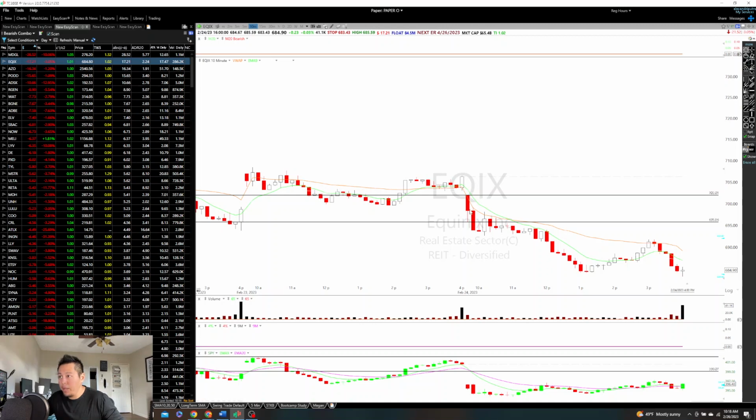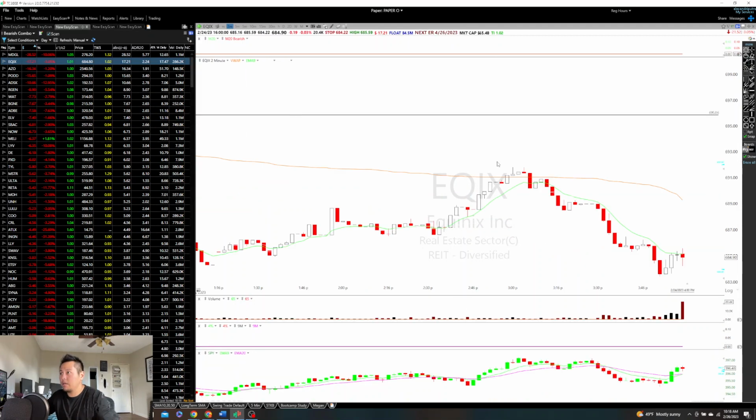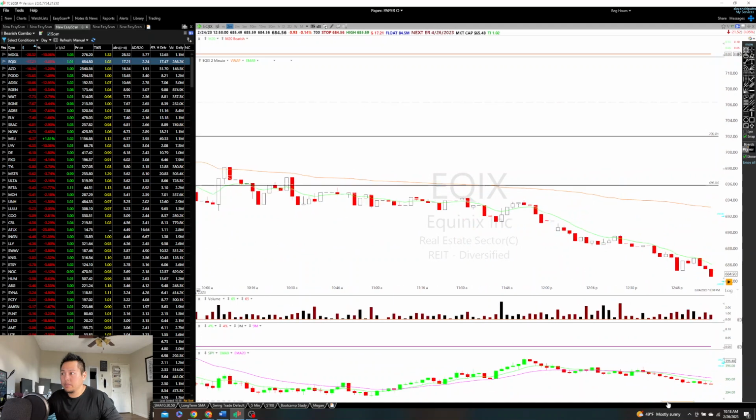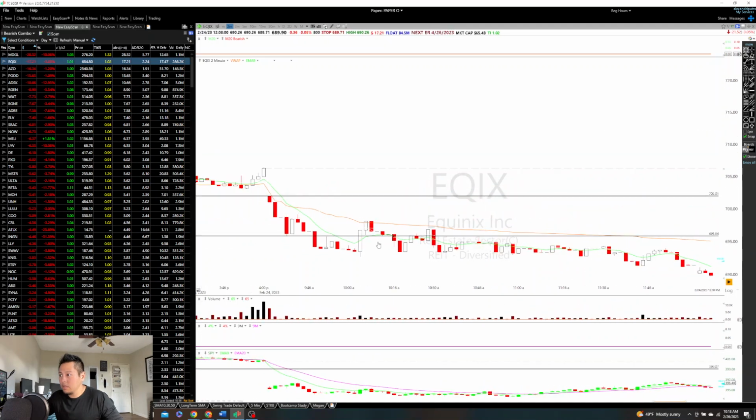But let's say that we set our opening range over here, then we drop down to the 2-minute time frame now to make sure that we catch it at the right time. So here's the opening over here, and we set it up here.